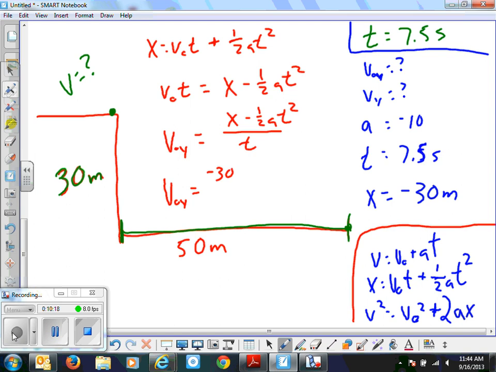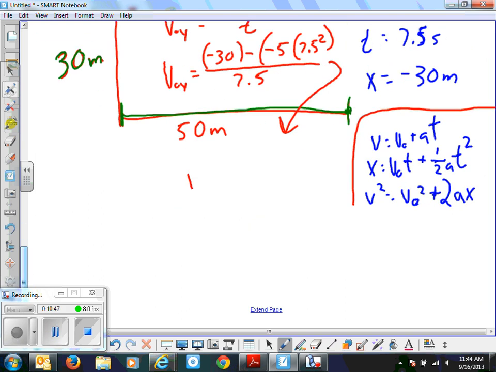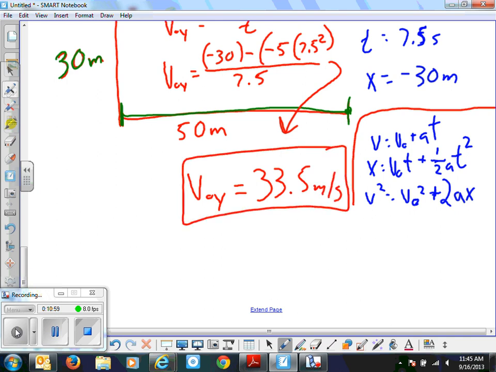Now if you don't get your symbols in here correctly, the pluses and minuses, this is not going to work out for you. When you put this together, your V sub naught in the y direction is 33.5 meters per second, and that's a positive number, so that means that it's going up, right?